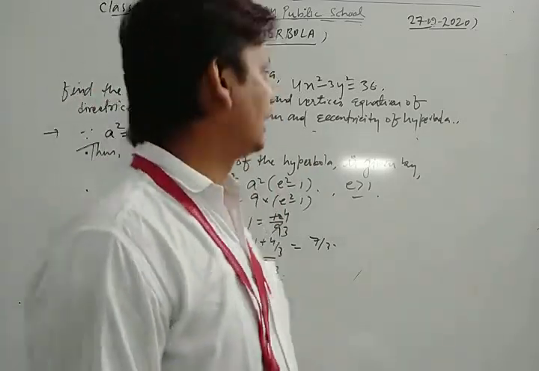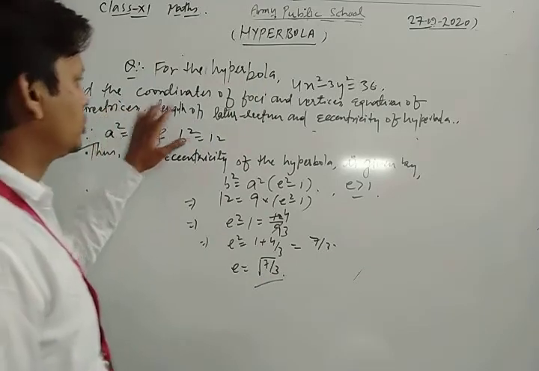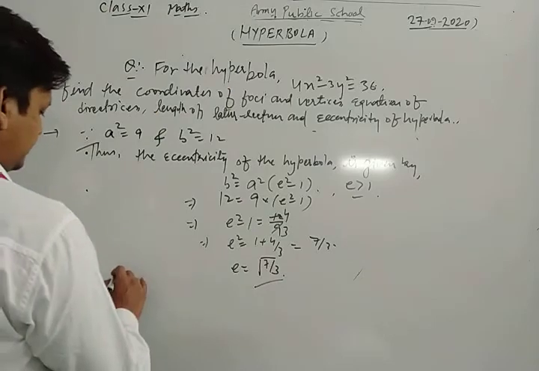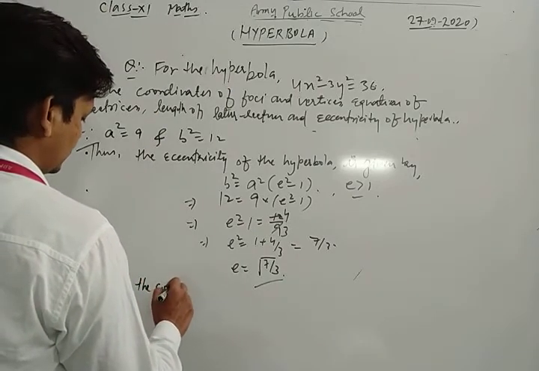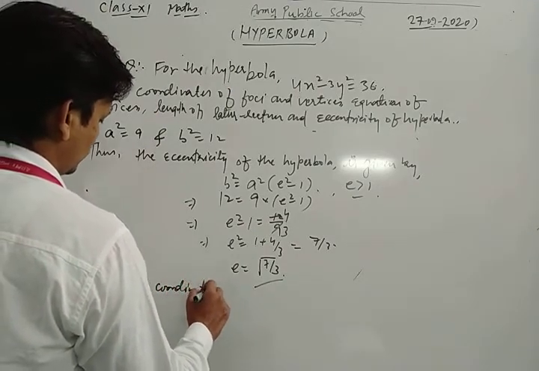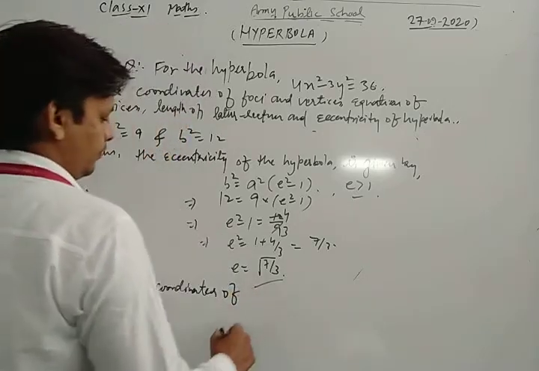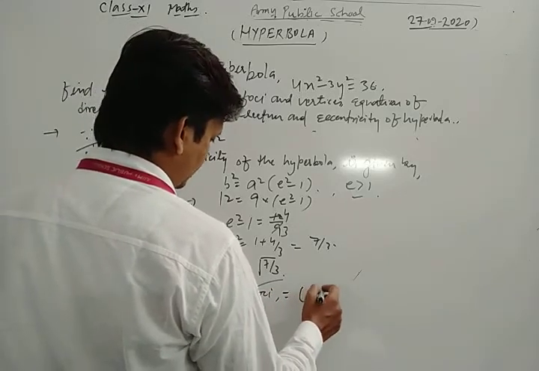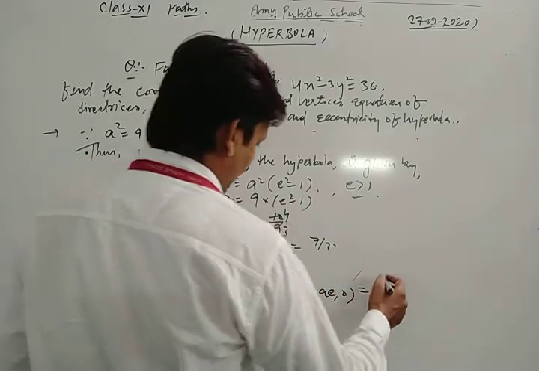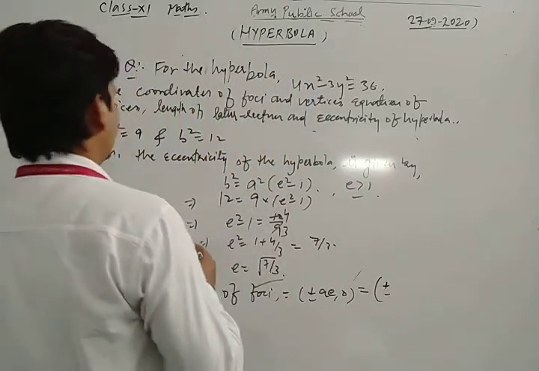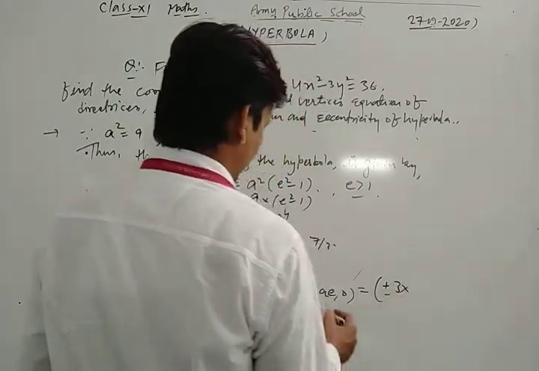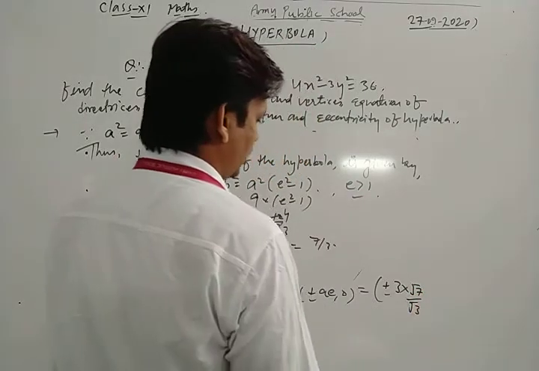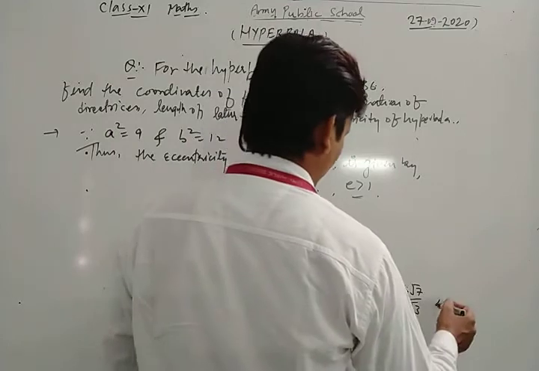Now we also find the coordinates of its foci. Now look, since the coordinates of the foci are plus minus ae, 0, we have plus minus, the value of a is 3, e is root 7 upon root 3, comma 0.